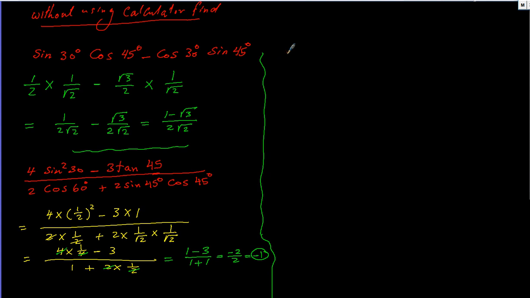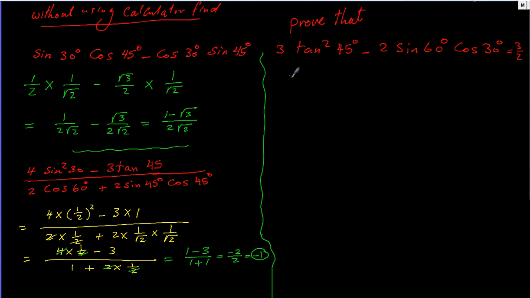Let's complete. Number 3: prove that 3 tan squared 45 degrees minus 2 sine 60 degrees cosine 30 degrees equals 3 over 2.